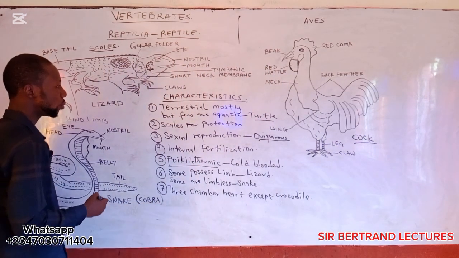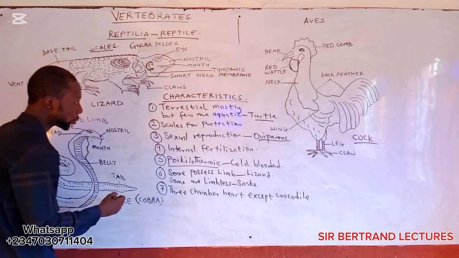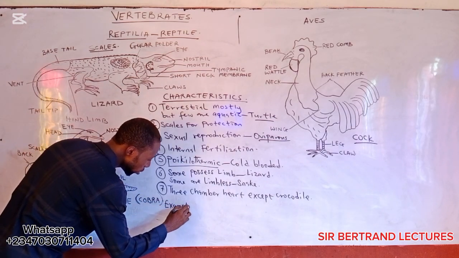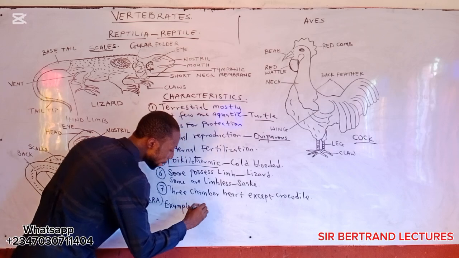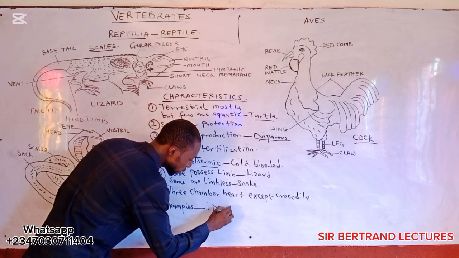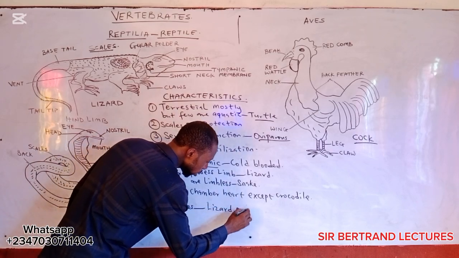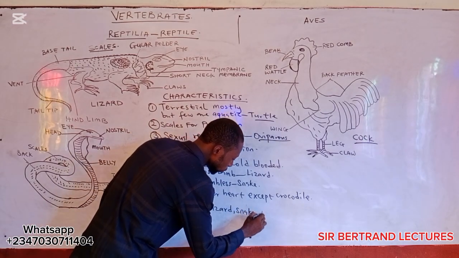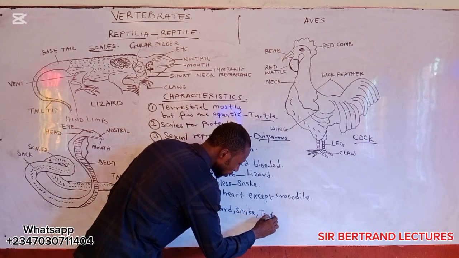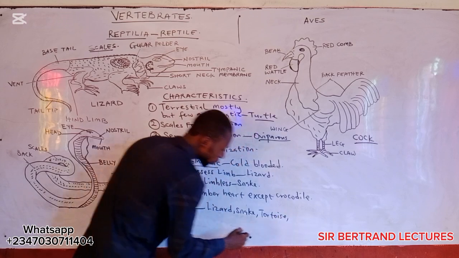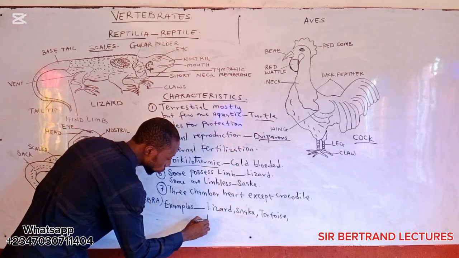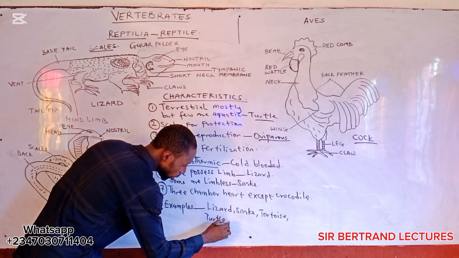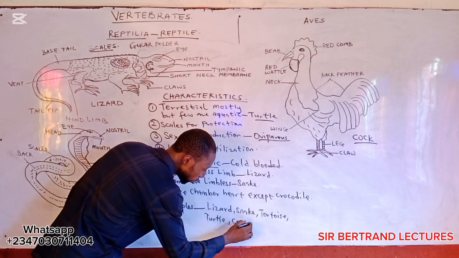Now let's look at examples of reptiles. Examples of reptiles are lizard, snake, tortoise, turtle, then crocodile.